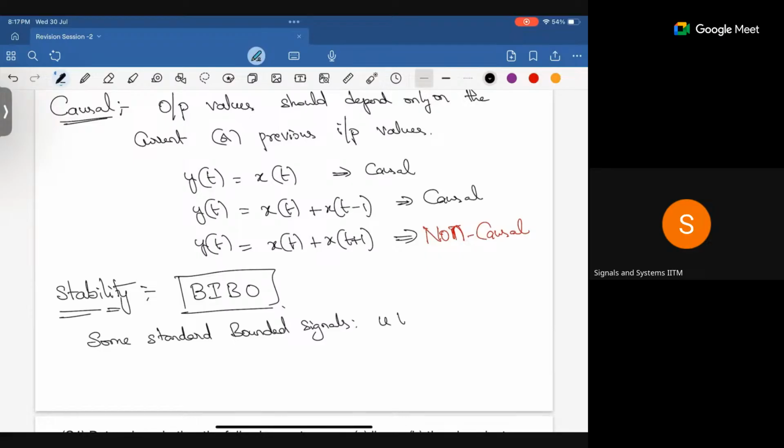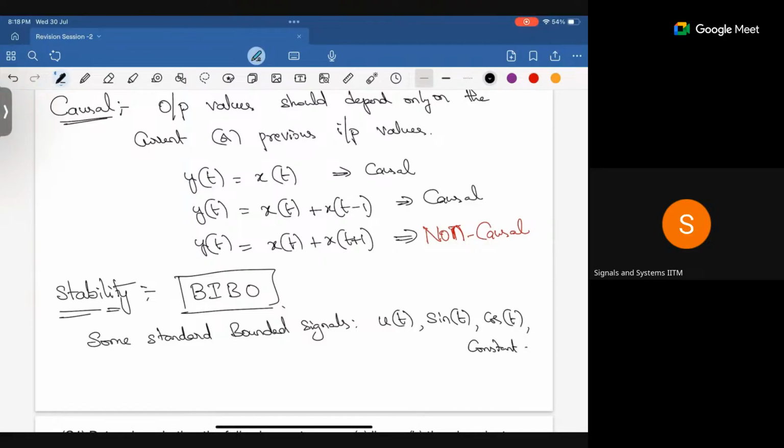Signals are u of t. u of t is a very standard bounded signal because u of t lies between 0 and 1. If I have to be precise, either 0 or 1. And sine, cos, these are bounded. Right, and there are unbounded also, and also DC constant.